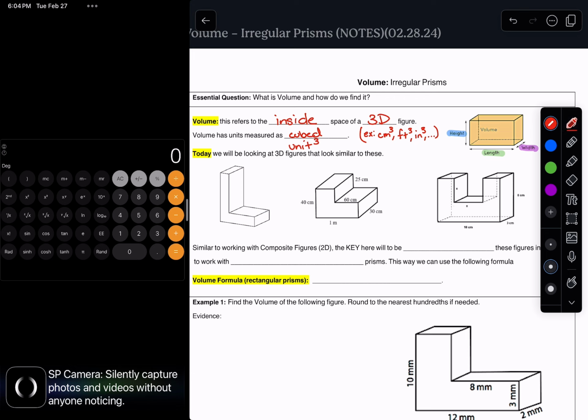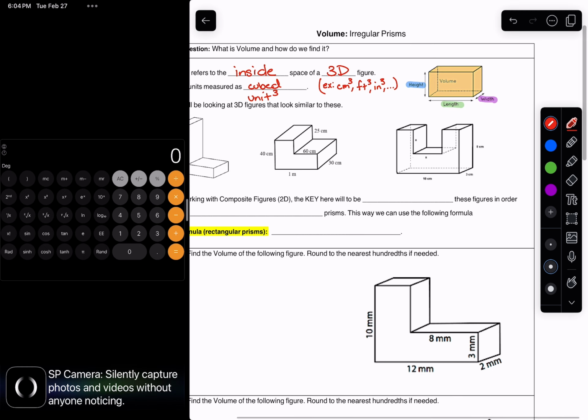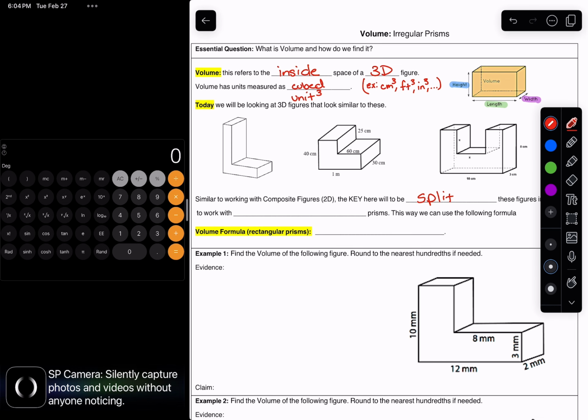Similar to working with composite figures in 2D, the key here will be to split these figures in order to work with rectangular prisms. This way we can use the following formula. The formula from yesterday was volume is length times width times height.